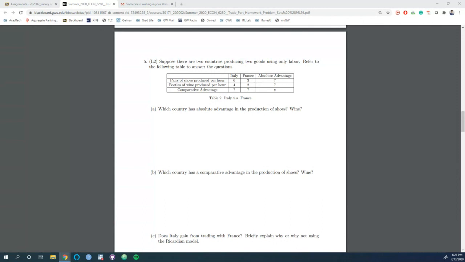So if I want to draw the PPF for Italy, I need to use a graph with a vertical axis and a horizontal axis, and they represent the maximum production of each good, right? So the intercept is the maximum production.